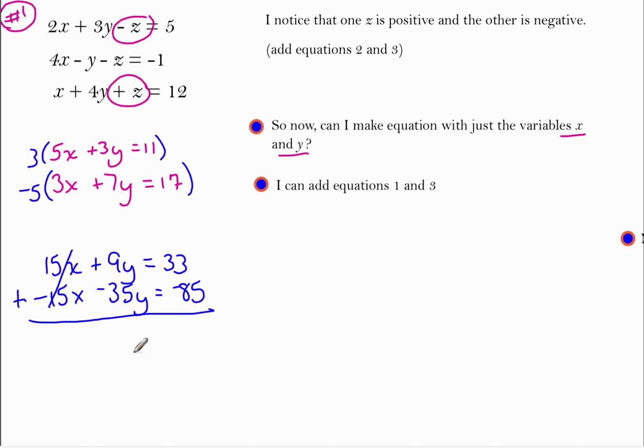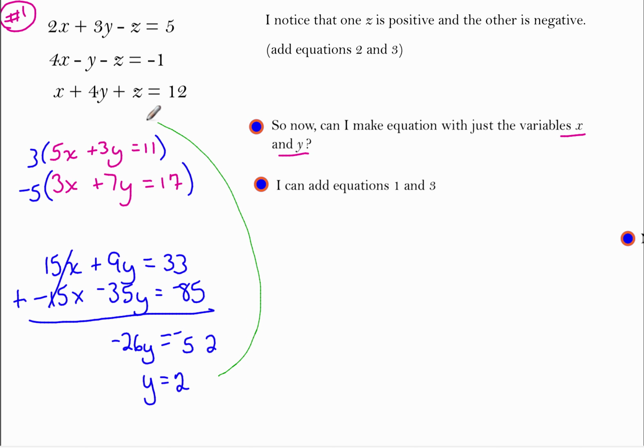Let's see, 35 minus 9 is -26. So I just figured out one of my variables. My y equals 2.